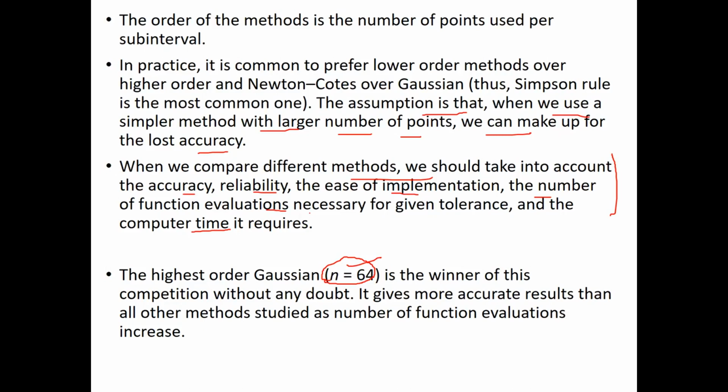So n is equal to 64 जो है एक good number of points है जो कि अच्छा result दे रहा है, more accurate. So after certain point it is not advisable that keep on increasing the number of points, वो भी useless हो जाता है, and बहुत कम number of points भी accurate result नहीं देते हैं. So we have to find an optimum number of points which will give us the better or best result.